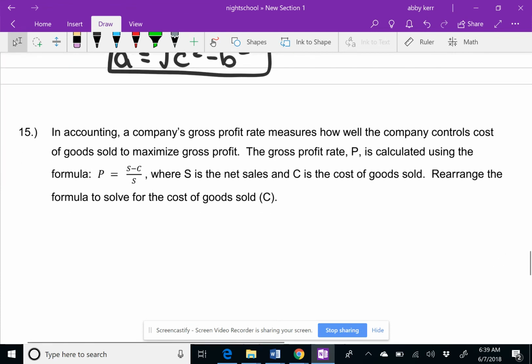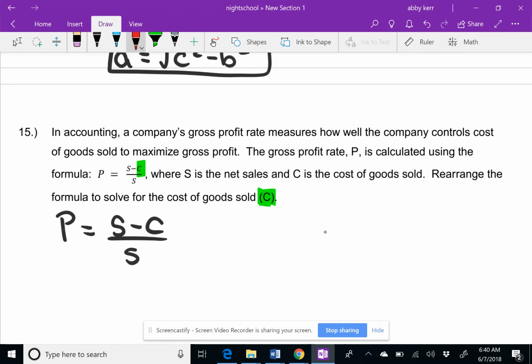Now for 15, it says the gross profit rate P is calculated using the formula P equals S minus C divided by S, where S is the net sales and C is the cost of goods sold. Rearrange to find C. So there's many different ways to do this.